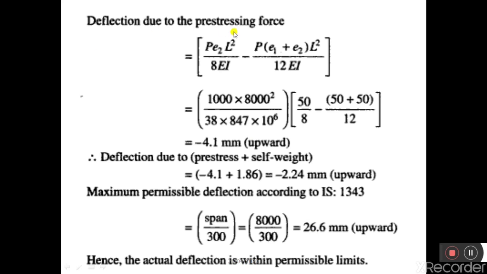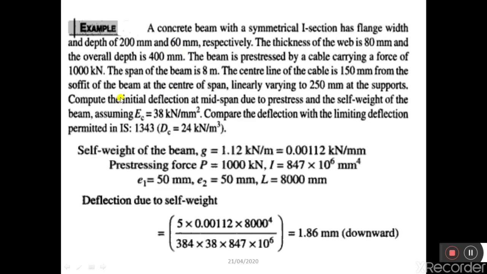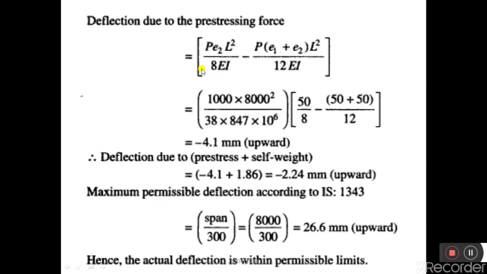And now the deflection due to pre-stressing force. The cable is having two eccentricities and the cable is linearly varying. So for this cable we have this equation to calculate the deflection due to pre-stressing force. Substituting the values of P, e2, L, e1, e2 and EI, we get deflection due to pre-stressing force equal to minus 4.1 millimeter.